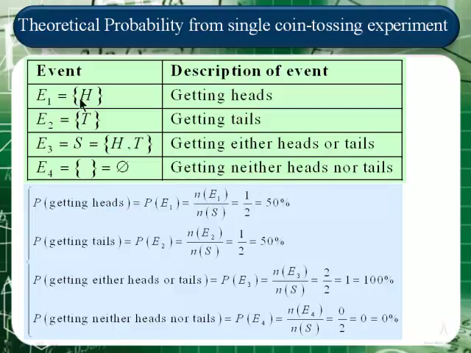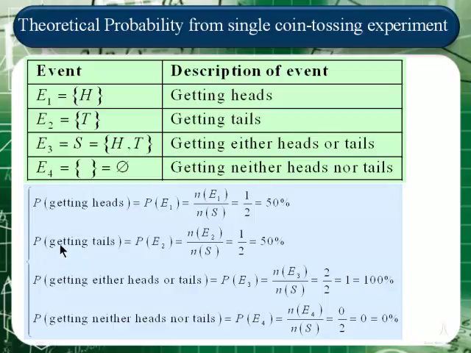There's only one outcome, namely H in this event, divided by the cardinal number of the sample space, which in this case is 2. So there's 2 outcomes. So therefore this probability is a half or 50%. So here we have a 50-50 probability.